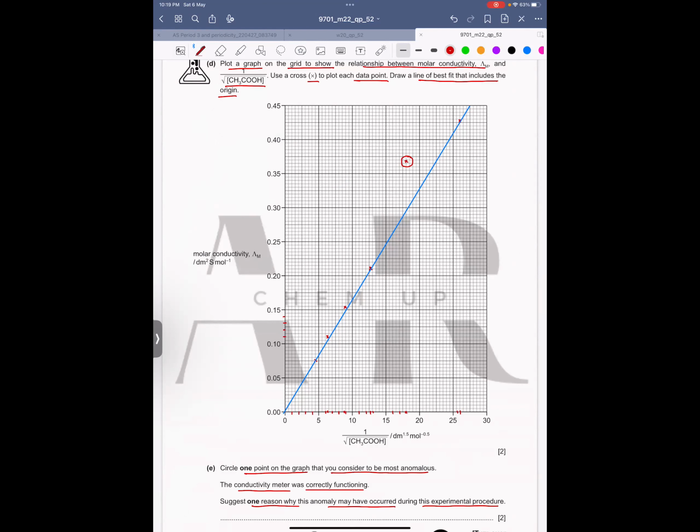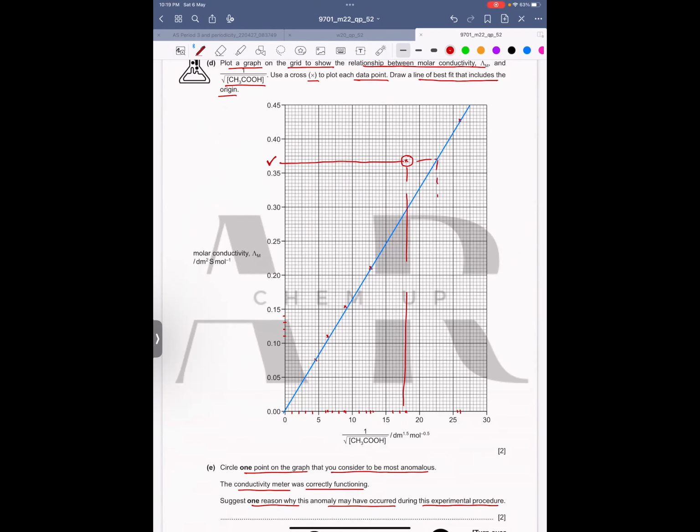As they have informed us, this value is correct. There is no error in the conductivity meter. So instead of being at this concentration value, it must lie over here.